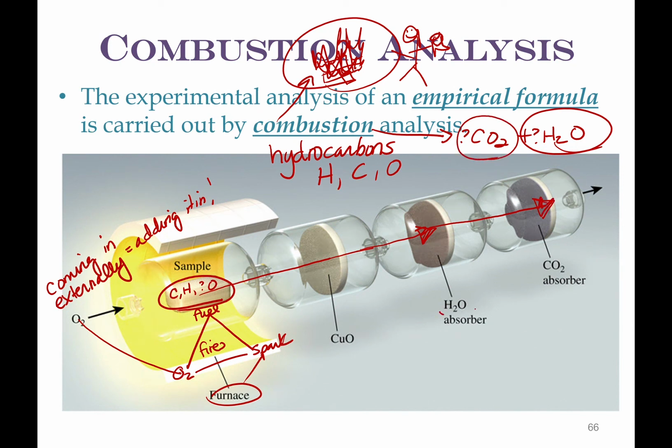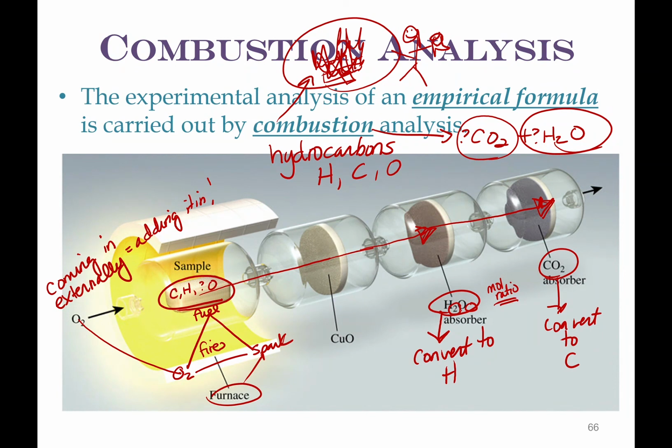From this, we can take the amount of water and we can convert this to hydrogen. And we can take the amount of CO2 and we can convert this to carbon. Because if you remember way back when we talked about what these subscripts are, or if you look at step number 2 that we've been determining, we're finding a mole ratio, and those are our subscripts.